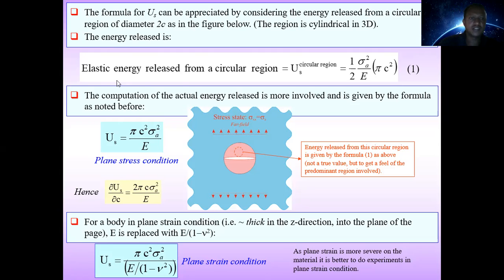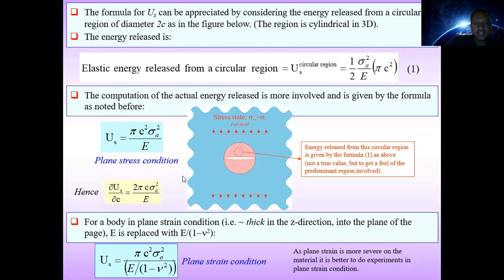The elastic energy release from the circular region, Us circular, is equal to half σA²/E times πc². That is, this is for the fully circular region. The computation of the actual energy release is more involved than is given by the formula Us equals πc²σA²/E.